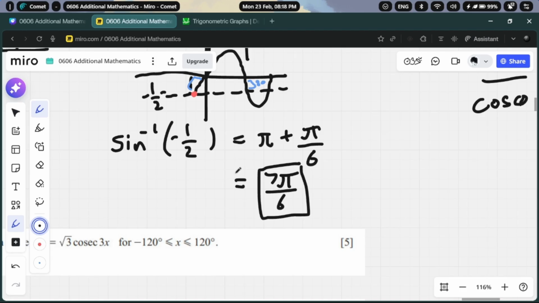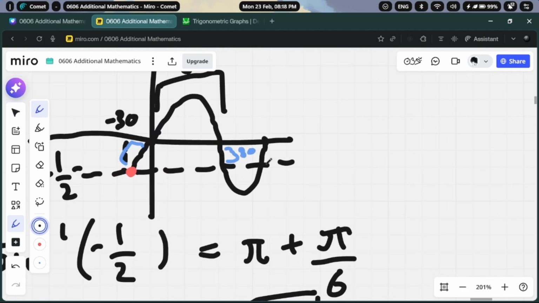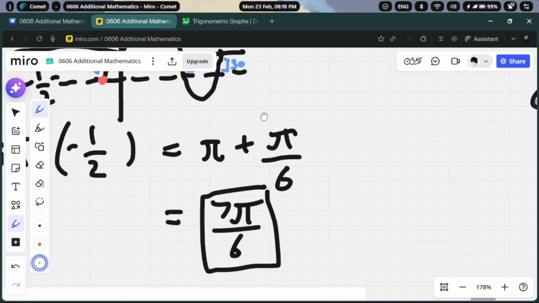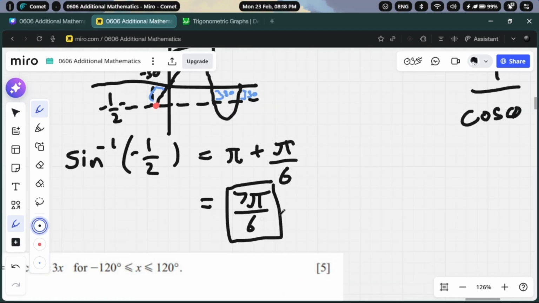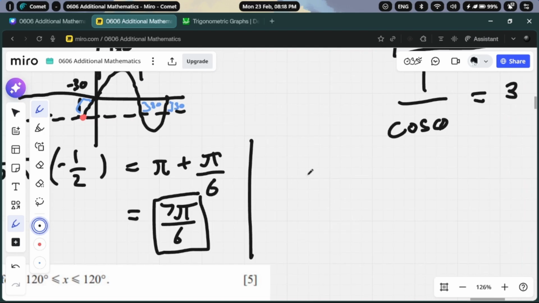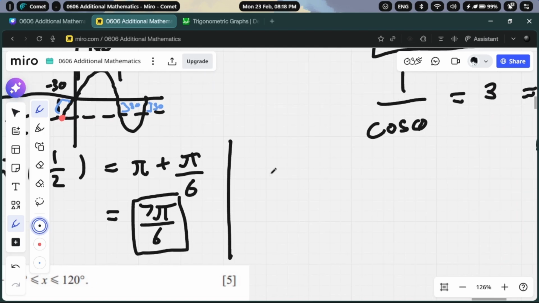Now moving on. Now the next value is over here. Now once again it's going to be 30 units behind the x-axis. You can think about it that way. So you would actually do 360 or 2 pi minus pi by 6, because 180 over 6 is 30.